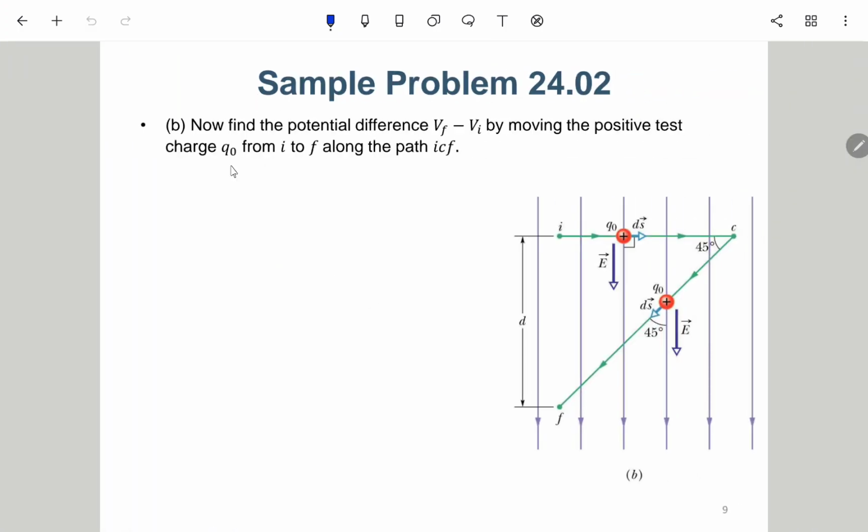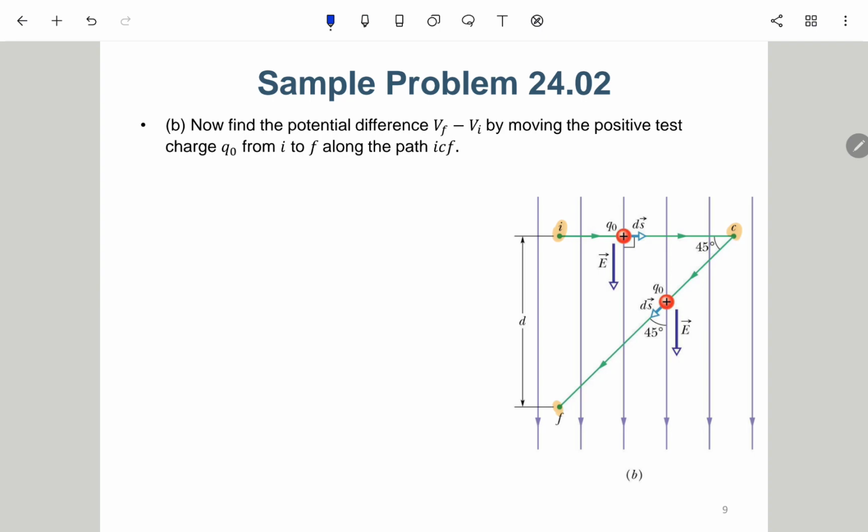Now find the potential difference Vf minus Vi by moving the positive test charge Q0 from I to F along the path ICF. Still the E field is pointing downward, but we move to the right side first, and then we move back to the final point.